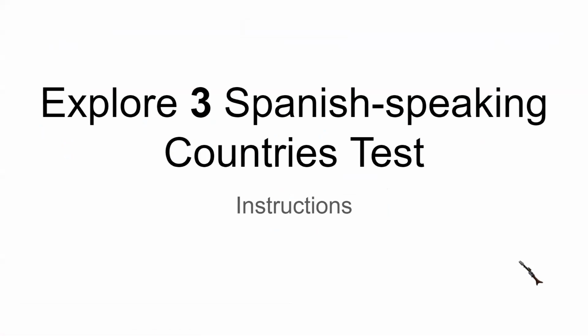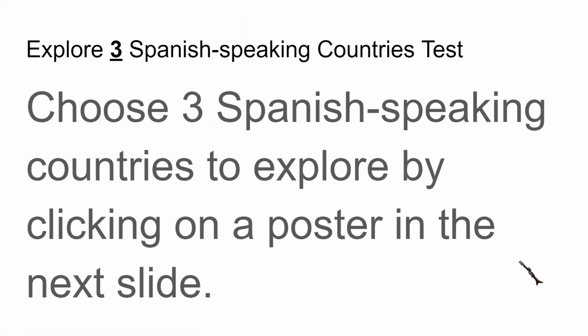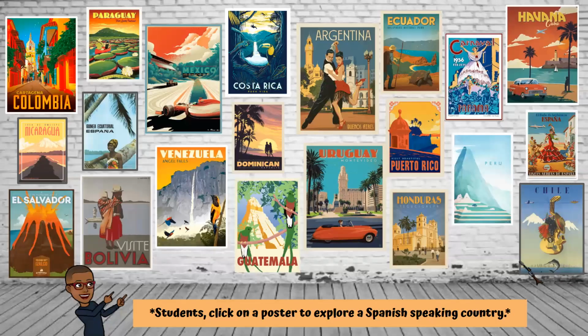Explore 3 Spanish-speaking countries tests. Here are the instructions. Choose 3 Spanish-speaking countries to explore by clicking on a poster in the next slide. So, pick any country you want to explore, but pick 3 countries that you're going to explore for this test.